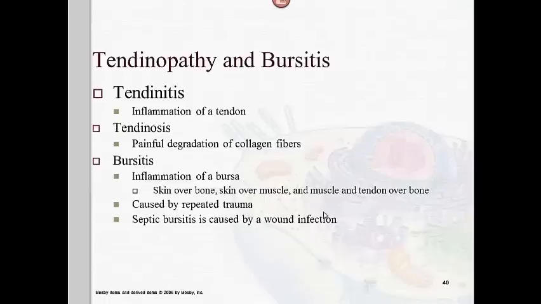Patients complain of pain usually worse during or after the activity, if it's swimming or playing basketball or volleyball, etc. The tendon and the joint area can become stiff, so the muscle could also tighten.